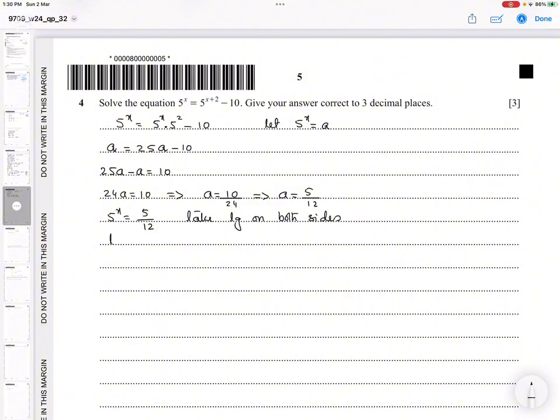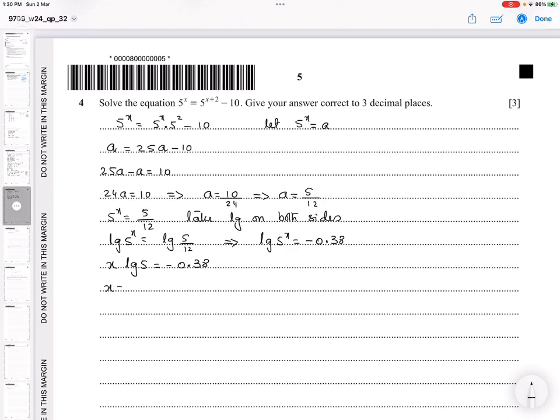When you take lg on both sides, you write like this: lg 5 power x is equal to lg 5 over 12. So this gives you lg 5 power x is equal to minus 0.38. Now bring x to the side, so x lg 5 equals negative 0.38.